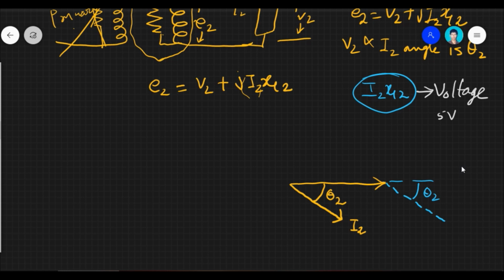So from this line we have to rotate 90 degrees counterclockwise. This gives me jI2XL2.